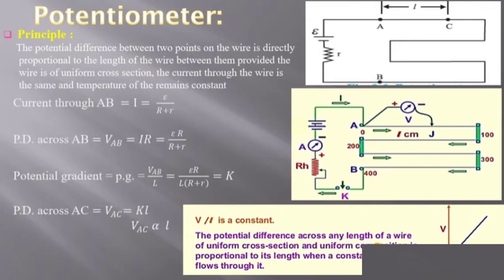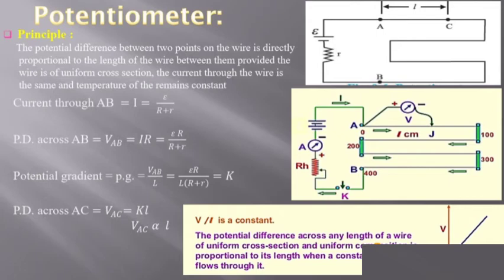A meter scale is fixed parallel to its length. The principle is that the potential difference between any two points of the potentiometer wire is directly proportional to the length of the wire between those two points.